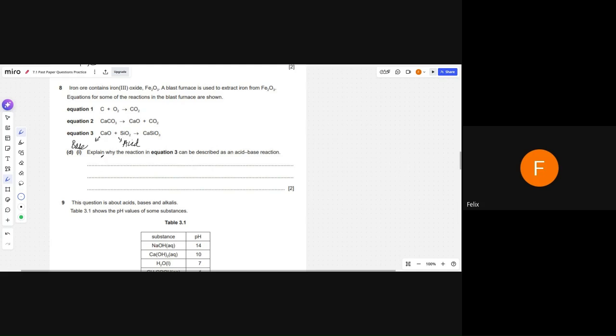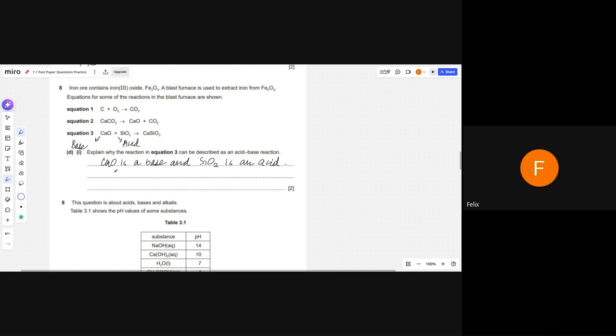So the answer is that calcium oxide is a base, and silicon dioxide is an acid. That is why it is called an acid-base reaction. I hope this is clear.